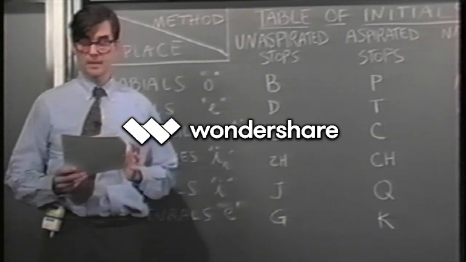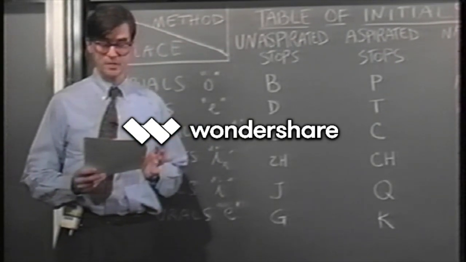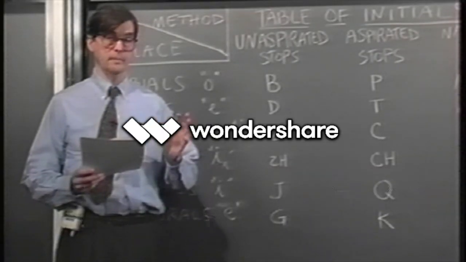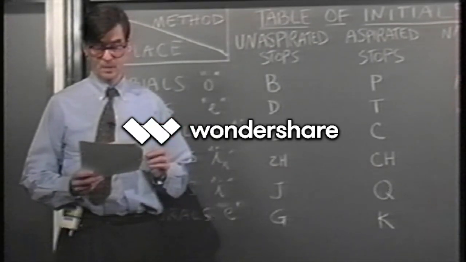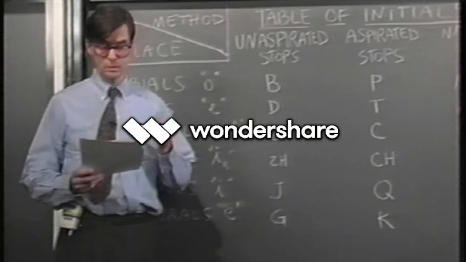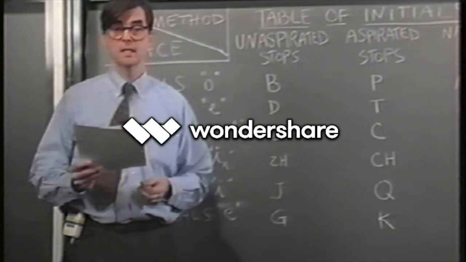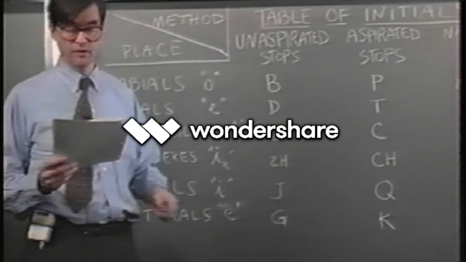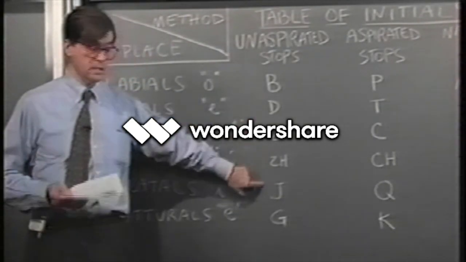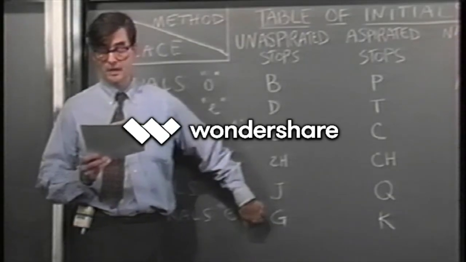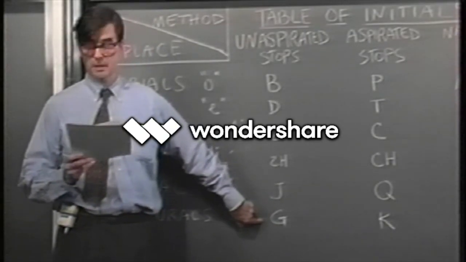The point that remains to be made about both columns of stops is that they are all of them unvoiced. That is, the vocal cords do not vibrate during the moment when the initial is formed. In this respect, the initials of the first column are different from the corresponding initial consonants in English.